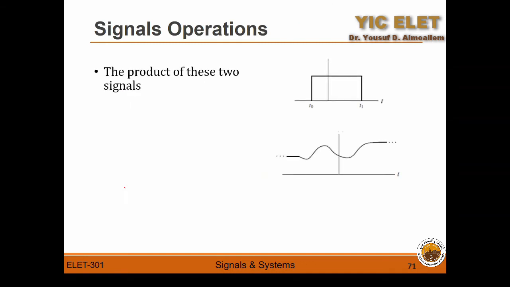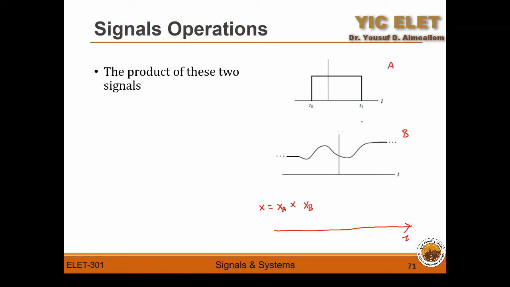So let's take one example, the product of these two signals. So this is signal, for instance, A, and this is signal B, and we want to calculate x, which is equal to xa times xb. So this would be somehow here. So this is t.